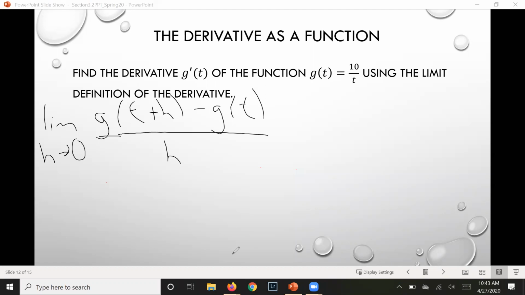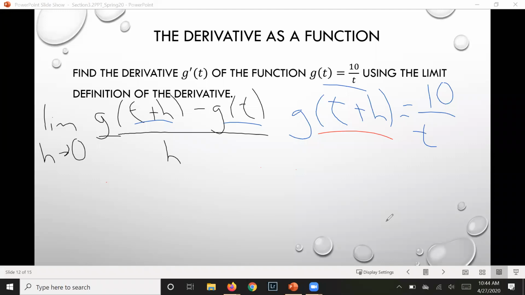And so to do that, we first need to find g of t plus h and then g of t. We know g of t would just be the function itself. For g of t plus h, notice the t plus h is in the place of our variable there. So instead of 10 over t, it would be 10 over t plus h.